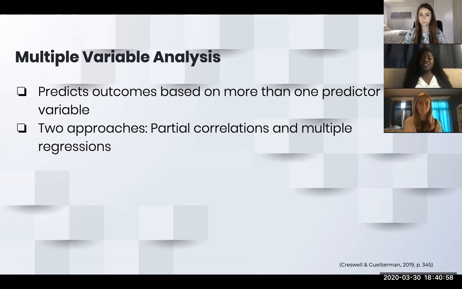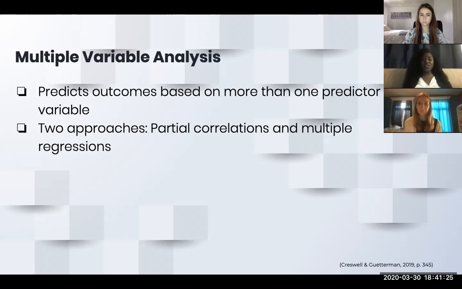In the previous examples, for example the internet use and depression example that I used, there was one independent variable and one dependent variable. But things get a little bit more challenging when it comes to having more than one independent variable. And this is where multiple variable analysis comes in.